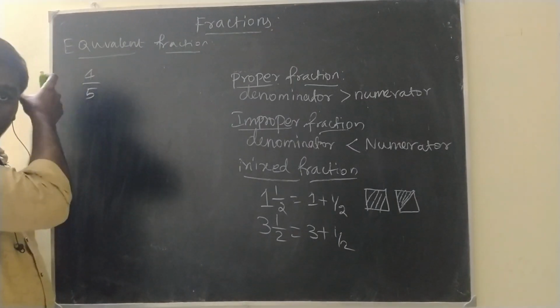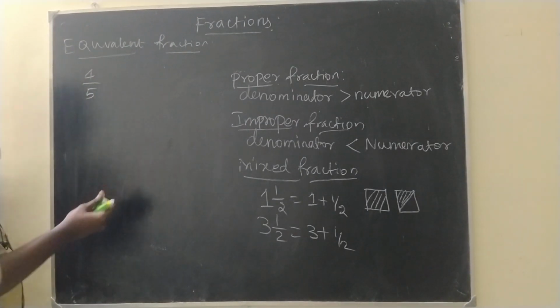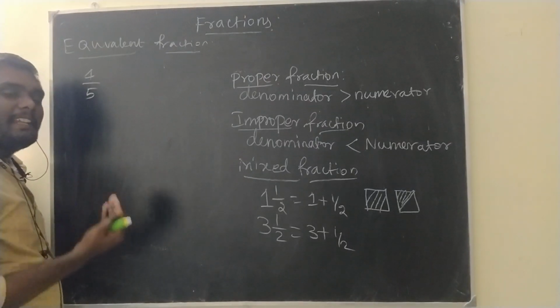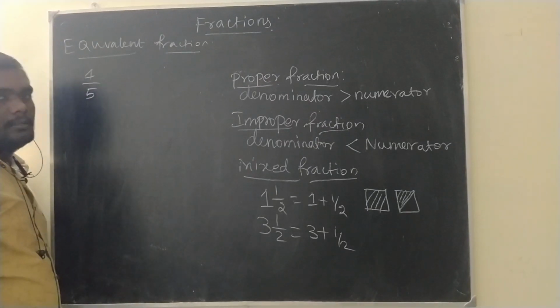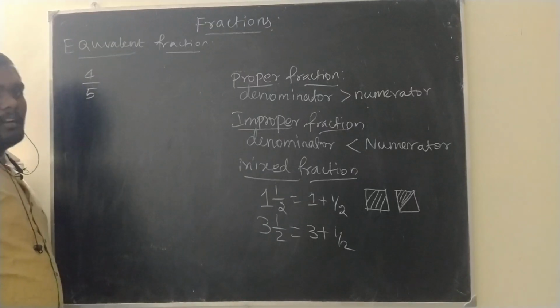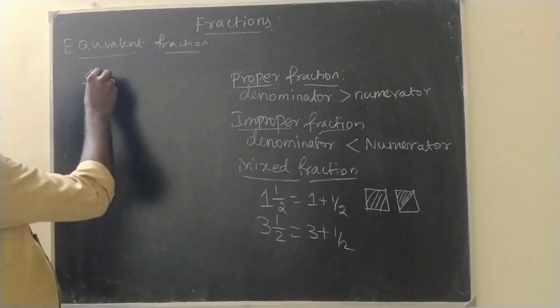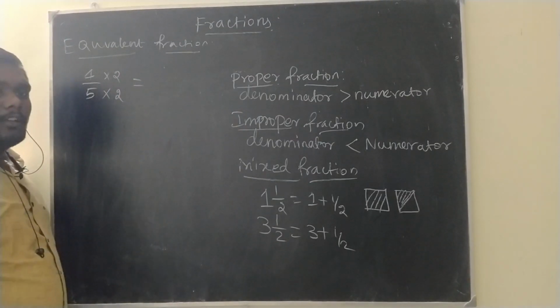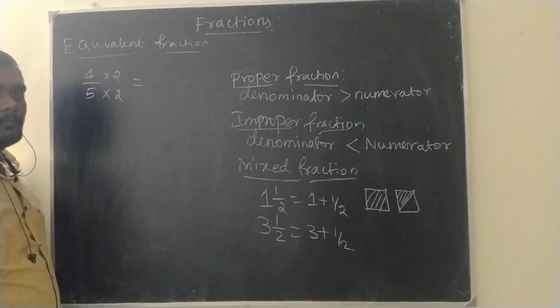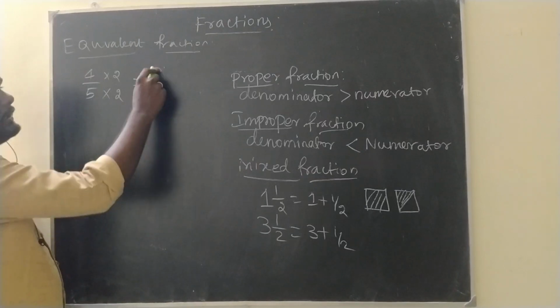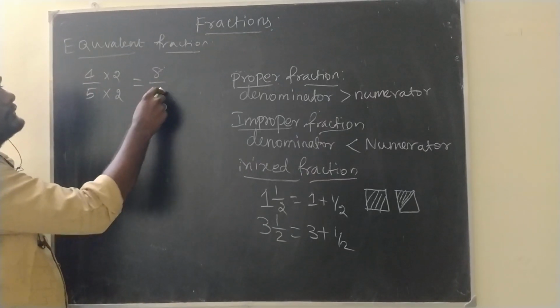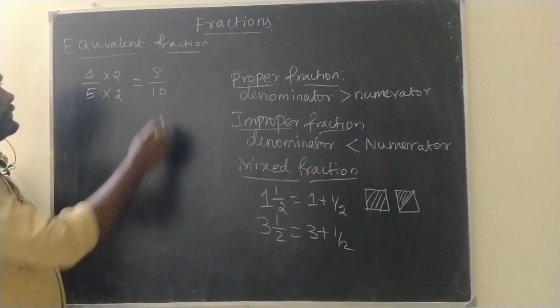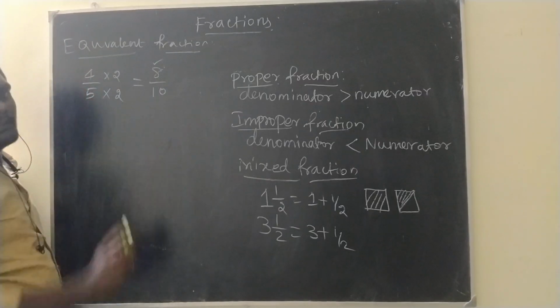The equivalent fraction can be obtained by multiplying any non-zero number in both numerator and denominator. So I am multiplying by 2 on both: 4 2s are 8, 5 2s are 10, 8 by 10. So this is the equivalent fraction of this.